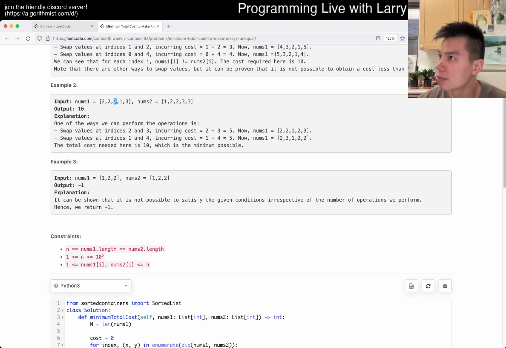Basically, all the other things don't matter. It's only really the most unique one. It's almost like that heap problem.